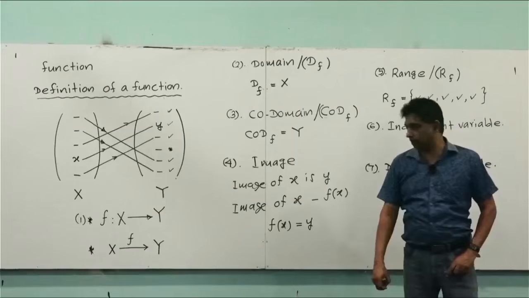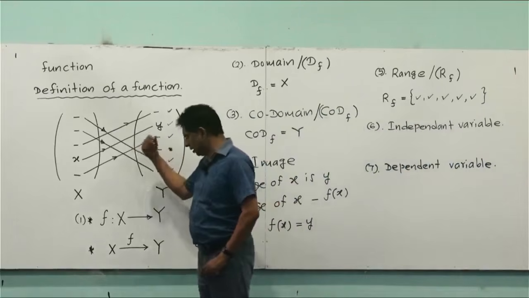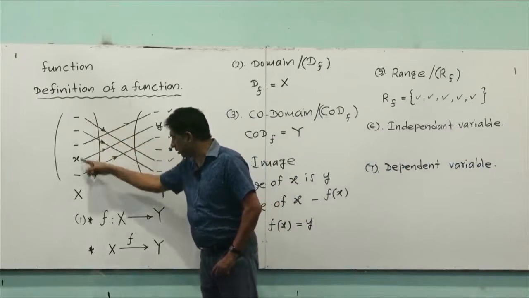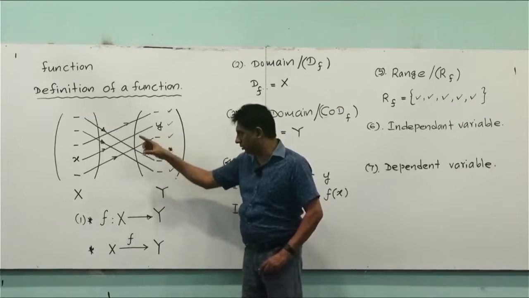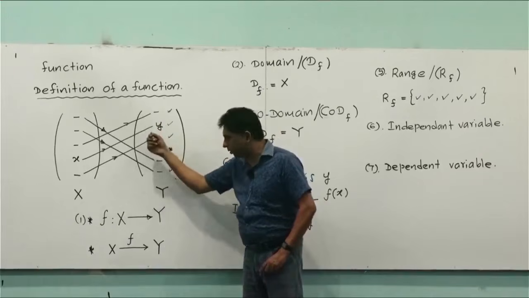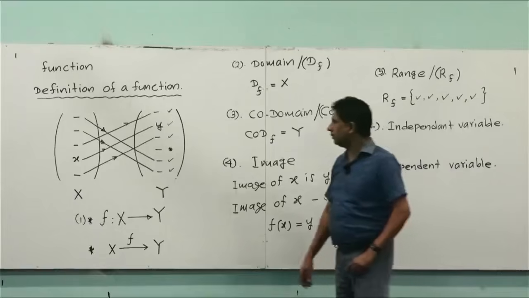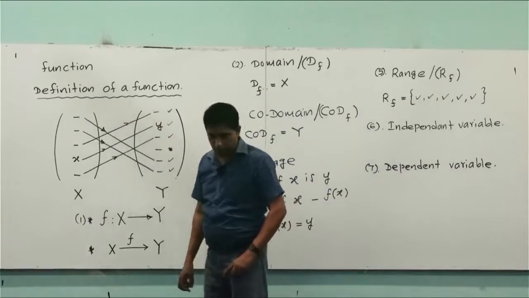In the examples, for this element we write real numbers, and here also real numbers. Then by looking at this relation, we can say what the mathematical operation is. Now write down the definition of a function.